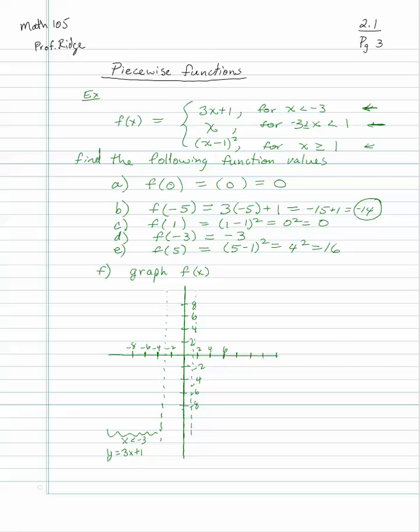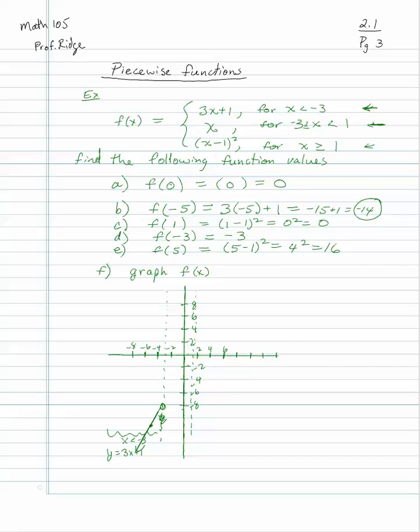And since this is going to be an open circle here, wait a minute, I messed up, it should be right here. Down 3, left 1, right there, and then I draw the line through that portion.